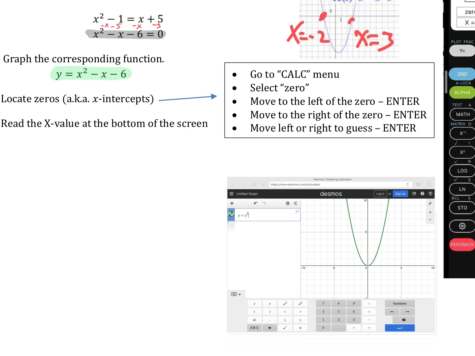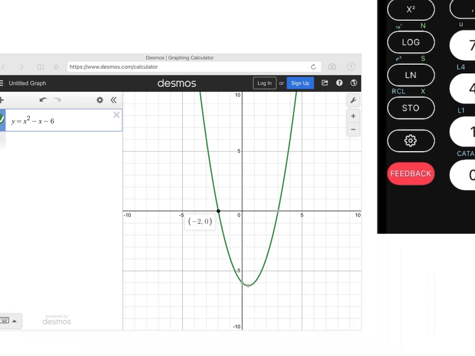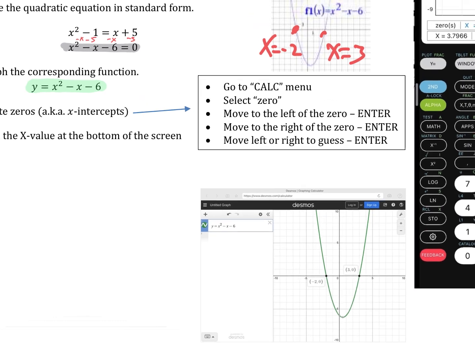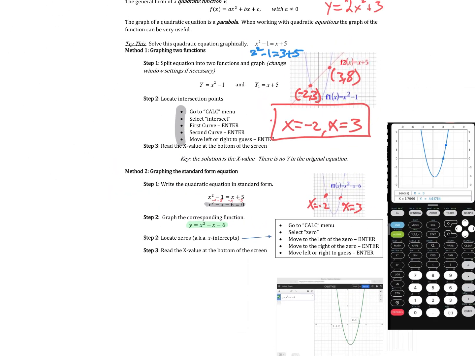And there's our graph there. And the nice thing, again, about Desmos is if you want to find those points, all we've got to do is tap on them. So we tap on the points where they hit the zeros, there they are, and we get -2, 0, and 3, 0. All right? So -2 and 3 are where the equation becomes 0.